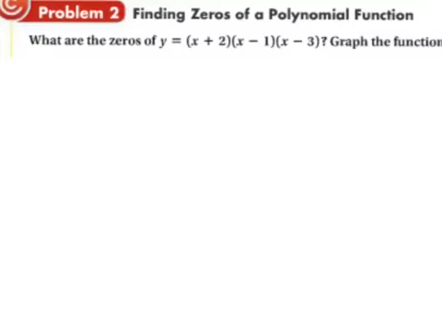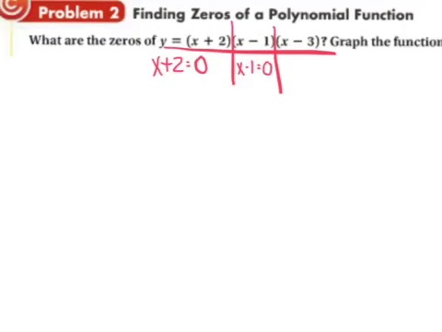The first step here, what are the zeros? How do we find zeros from a factored form like this? What did we do after we factored to find what the solutions were? Chelsea? Right. Do you guys remember when we did this? We would say x plus 2 equals 0, x minus 1 equals 0, and x minus 3 equals 0.